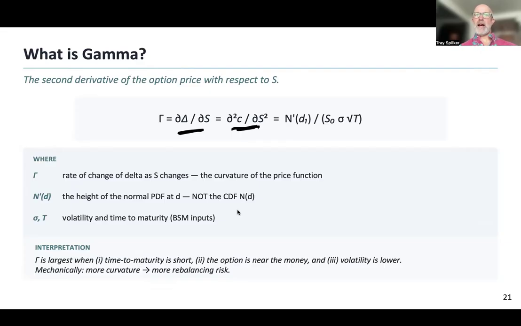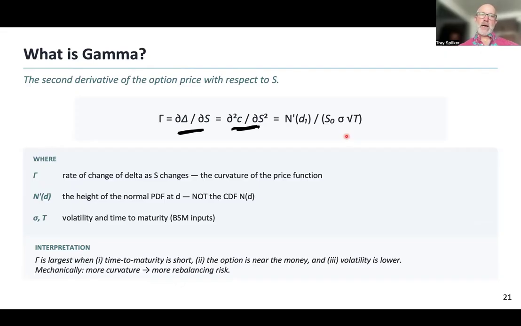So for a non-dividend paying European option, the gamma, generally speaking for both calls and puts, is equivalent to this closed form solution: n prime of d1 divided by the share price times the volatility, or standard deviation, times the square root of time to maturity.